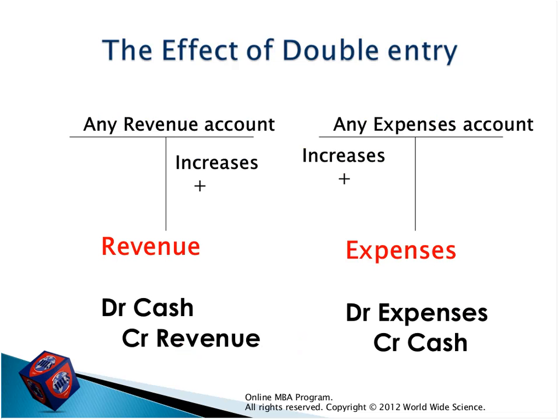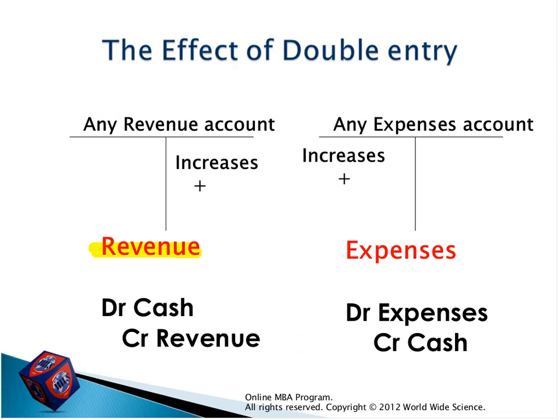So let me show you first the revenue. If we have some sales, it's the same as we can say the revenue, right? So like income. So when we have a revenue, income or sales, it is our capital, right? And we show it on the credit side when it has increased.